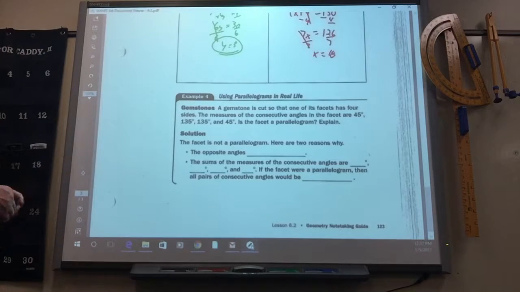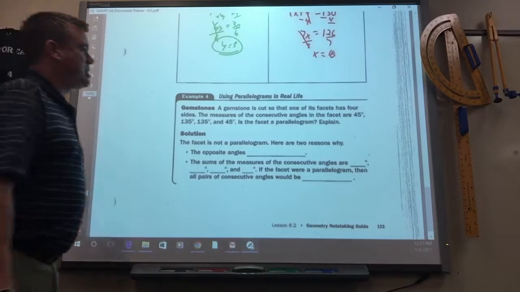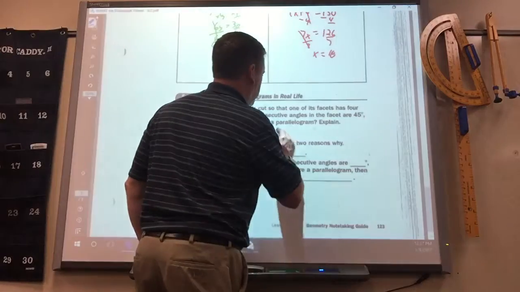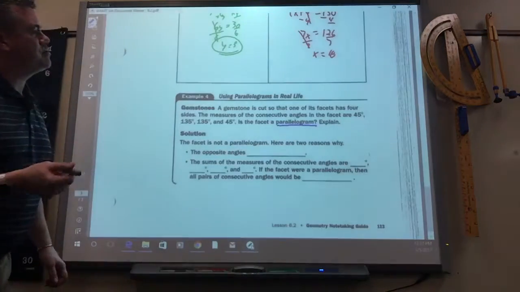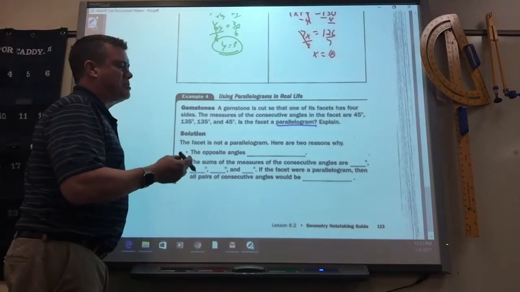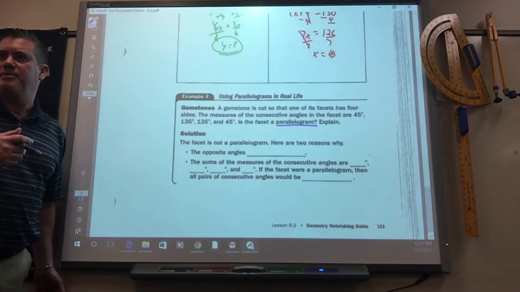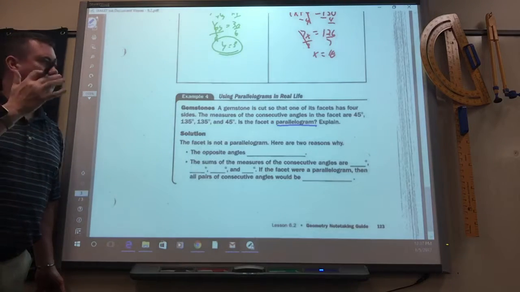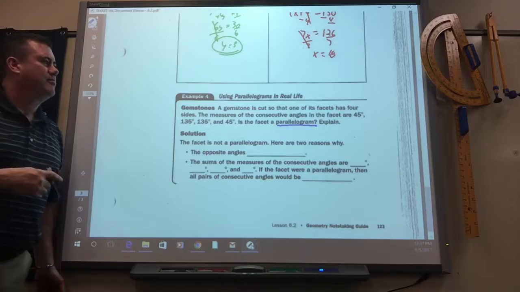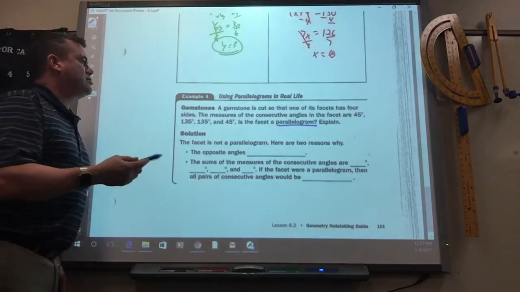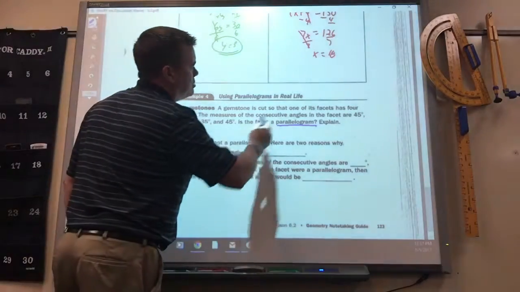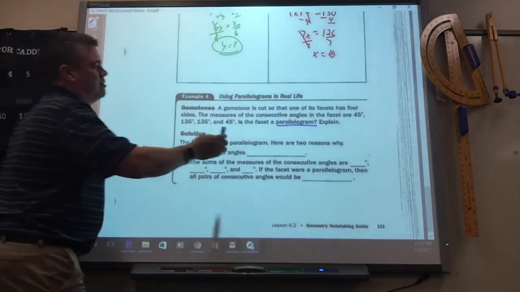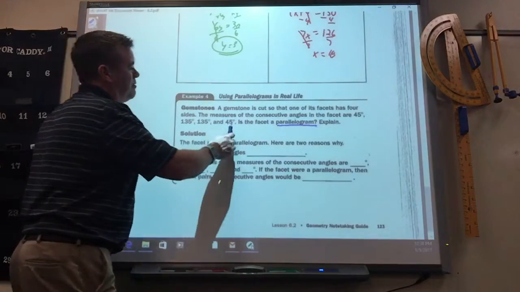Okay, now this is one where we just got to see if it's a parallelogram. A gemstone's cut, so one of its facets, you know what a facet is on a gemstone or a diamond? The face. It's just the face of it. Has 4 sides. The measures of consecutive angles are 45, 135, 135, and 45.